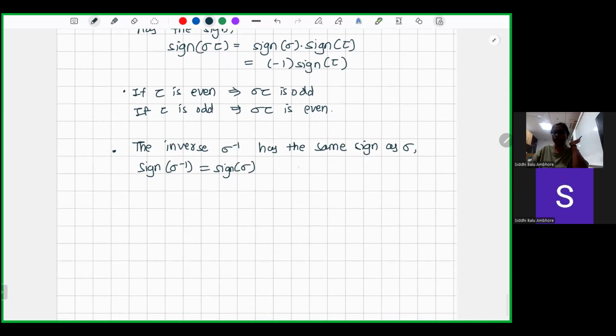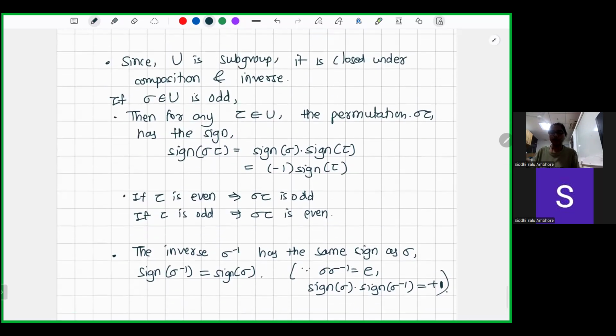We have this because sign of sigma times sign of sigma inverse, we know that sigma sigma inverse is E, so sign of sigma times sign of sigma inverse will be 1, because each sign is -1 or +1. So both of them must have the same sign. It is the same argument which we just used a few minutes back to conclude that the product of a1 to an and the determinant of A is positive and so on. This is also what we know.